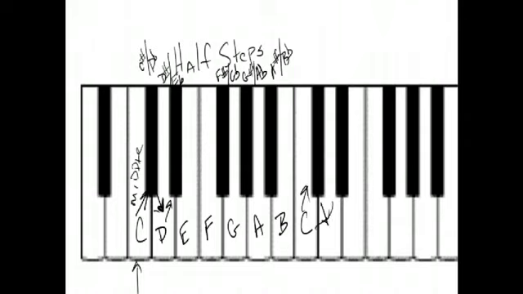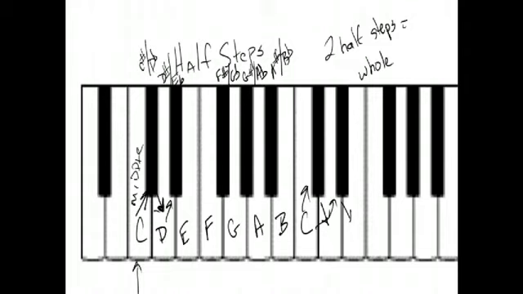Half step, half step, half step, half step, so on and so forth up the entire piano keyboard here. Now with our double sharps and double flats, we go up 2 half steps. 2 half steps equals a whole step.